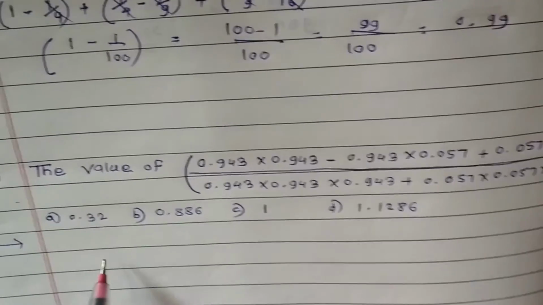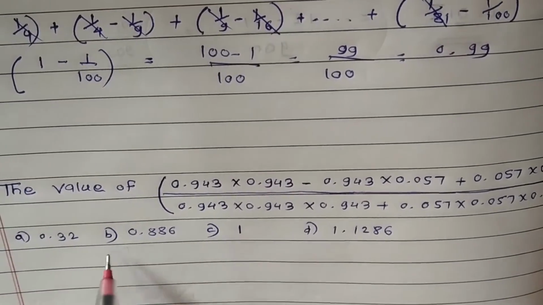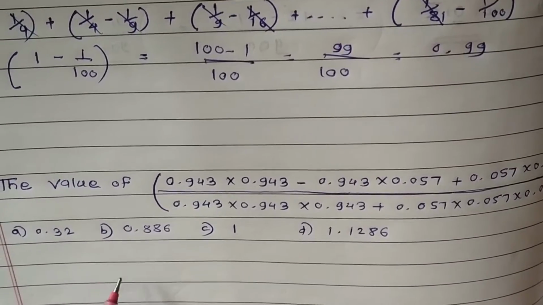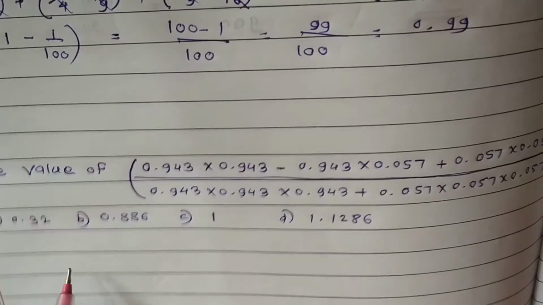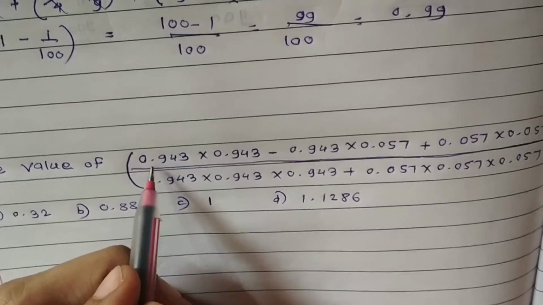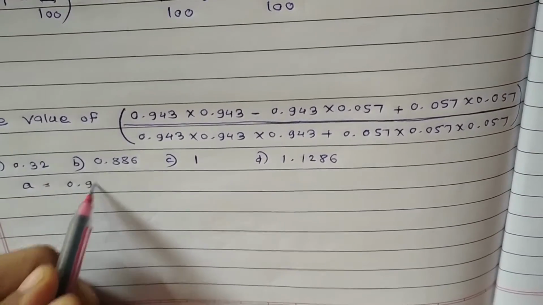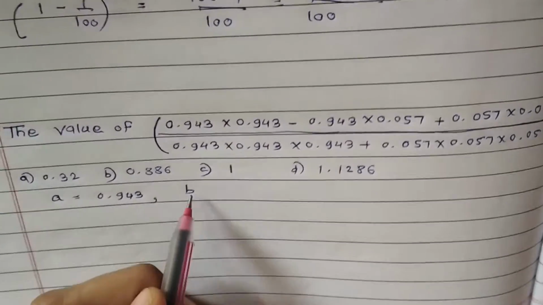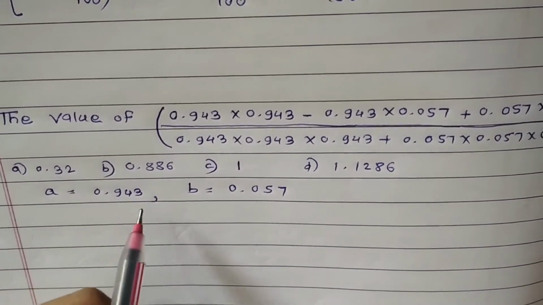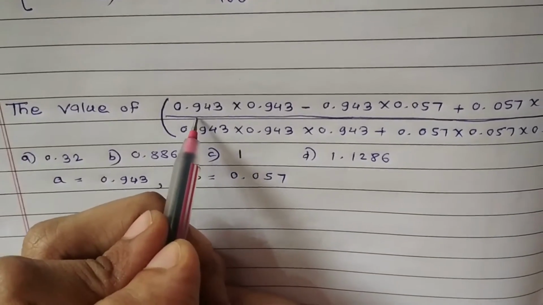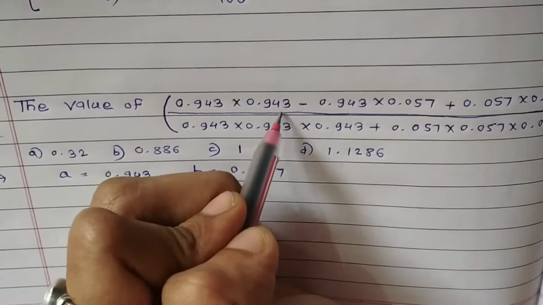The next example is you have to find the value of this decimal fraction. When there are such complicated examples, we just try to fit them in some formula. Here we will assume A equal to 0.943 and B equal to 0.057. Here you can see that there is multiplication of 0.943 and 0.943.